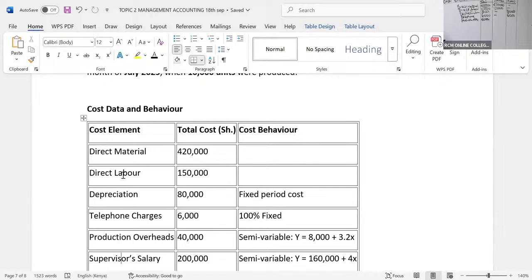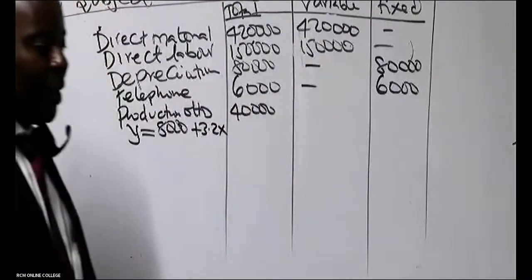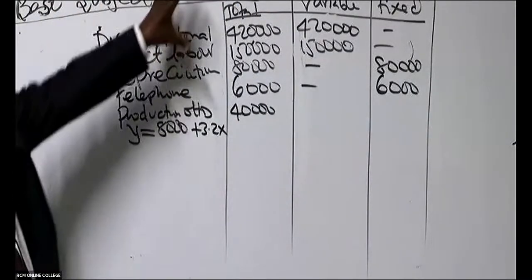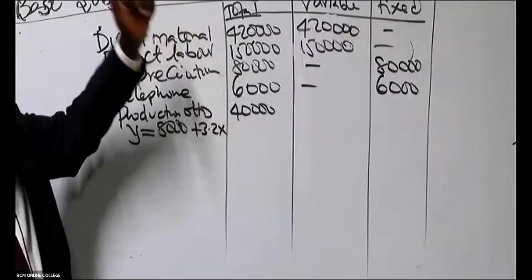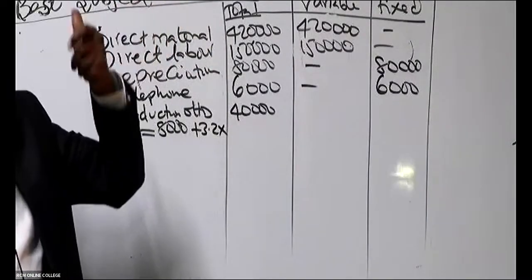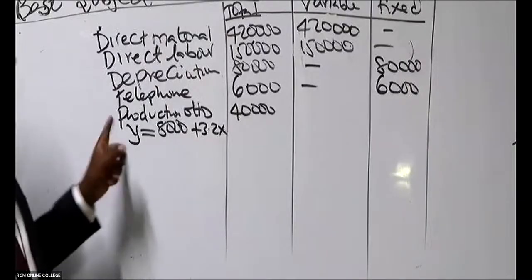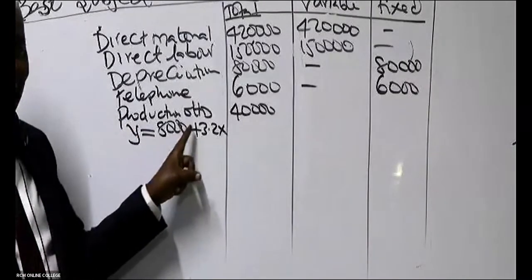They are telling us that the production overhead cost uses this equation: Y equals 8,000 plus 3.2x. Remember, this information was used to produce 10,000 units. Now, this is the production overhead cost equation.